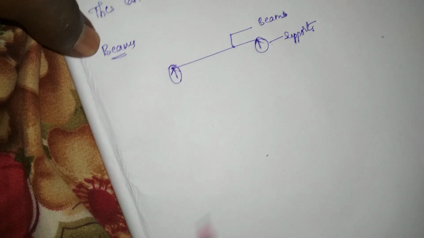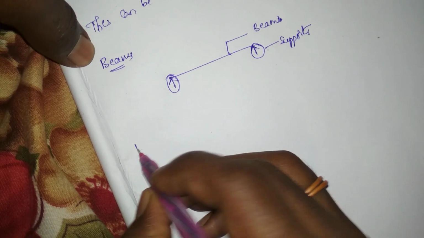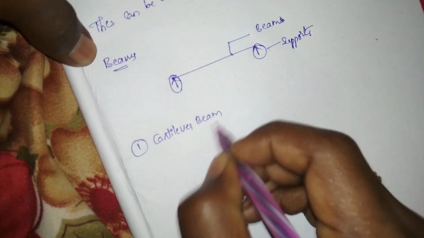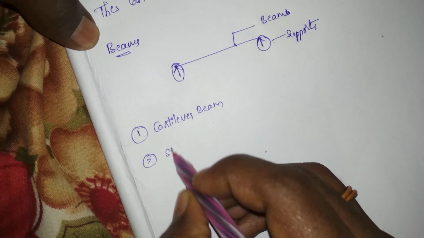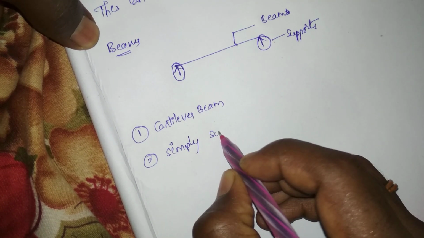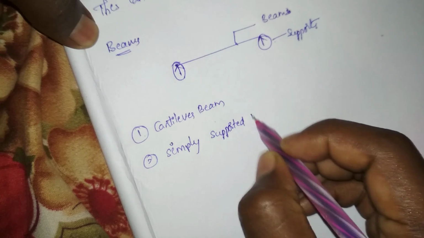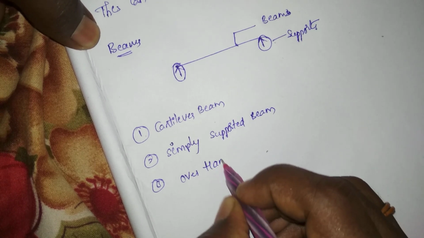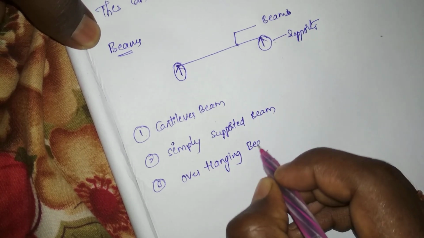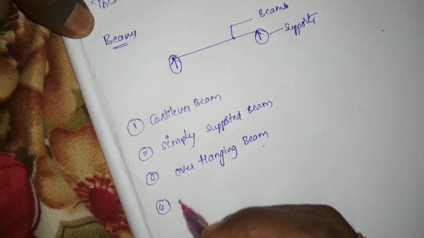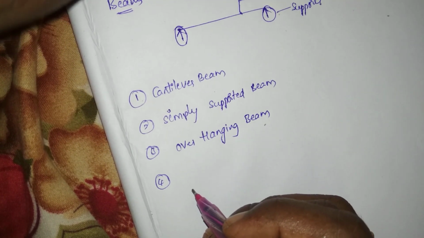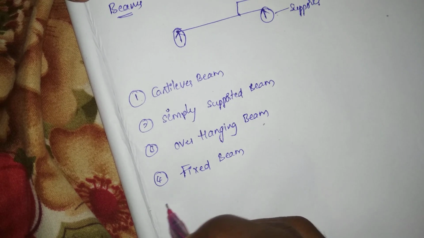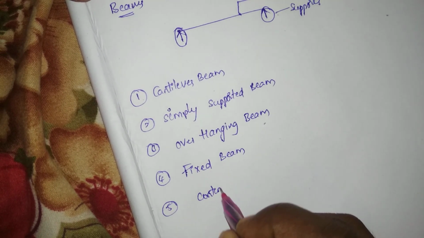According to the supports, beams are classified as: number 1, cantilever beam; number 2, simply supported beam; number 3, overhanging beam; number 4, fixed beam; number 5, continuous beam.